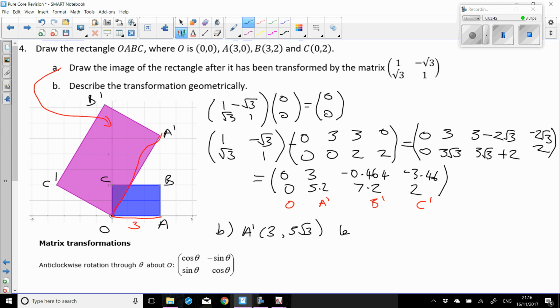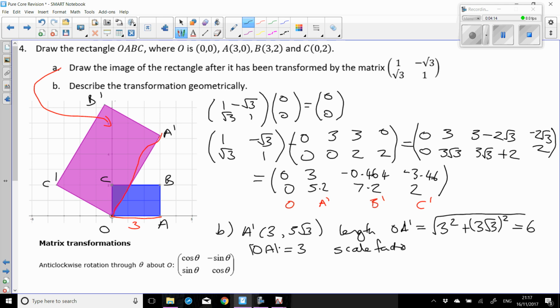So if we want the length of OA dash, we're just going to use Pythagoras on that. 3 squared plus 3 root 3 squared, square rooted, which gives us the answer of root 36 or 6. So the old line OA, the length of OA was 3, so you can see the scale factor is 2, as it's now twice as large.